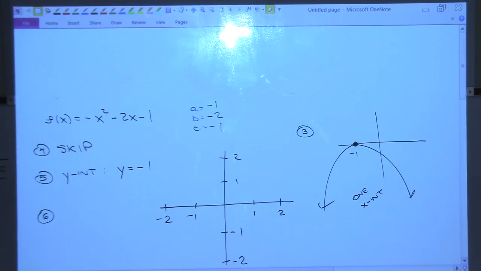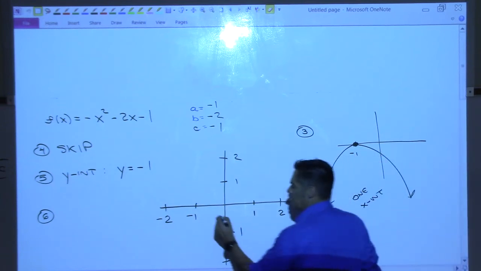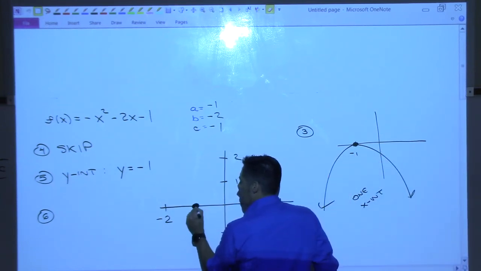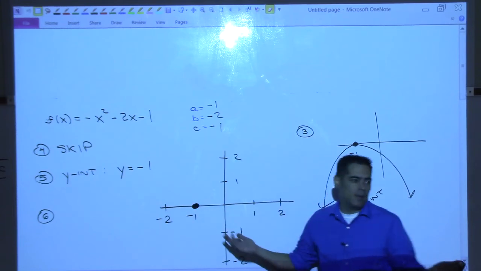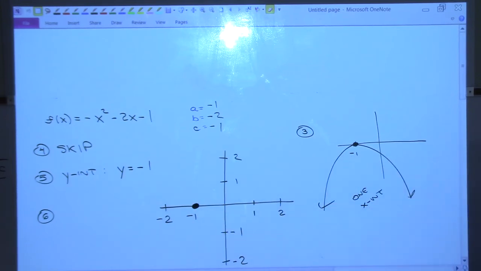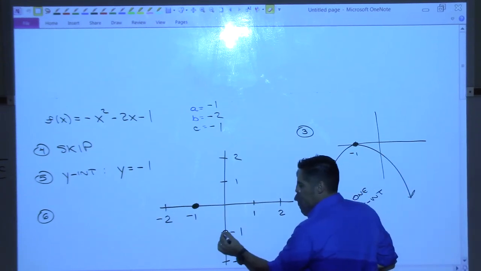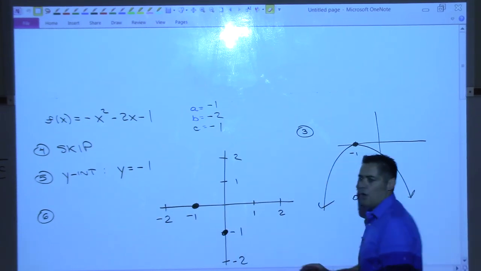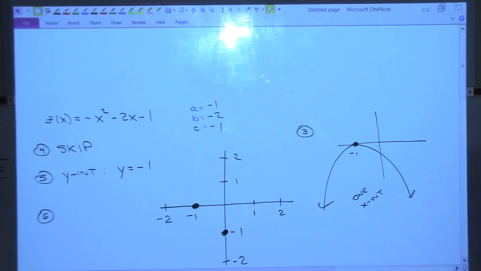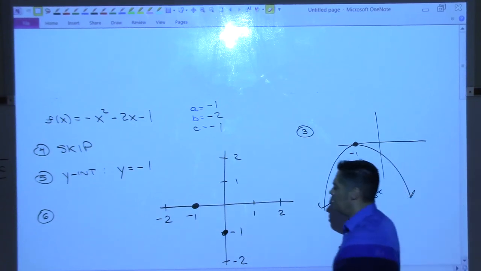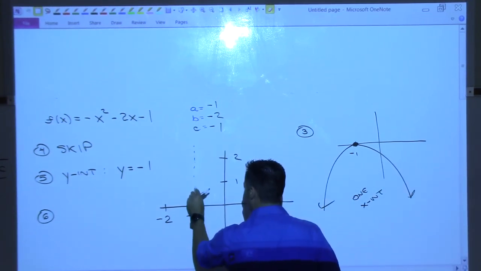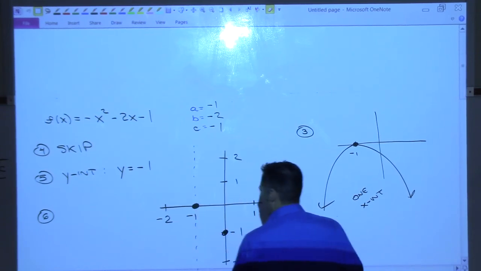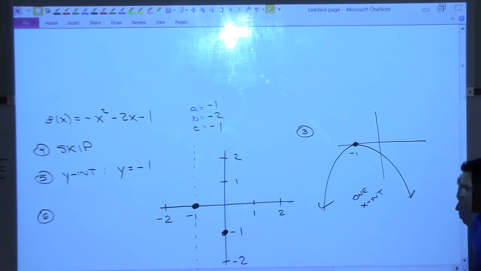So what do I start with? The vertex, which we already know is this. That's here. And then we're supposed to plot our X-intercepts, but that is the X-intercept. And then we plot the Y-intercept, which is -1, which is here. And now you have to draw this thing going down. So this is, again, where that axis of symmetry kind of helps. Which side of this are we going to draw first?